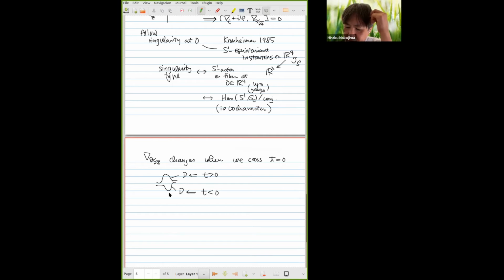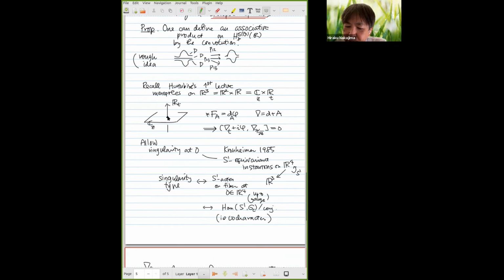And as I said, if you don't cross 0, then the holomorphic structure is the same. So you can regard this as a single disk, and two disks for positive and negative. If you consider a point far away from the origin, then this singularity doesn't cause any trouble.